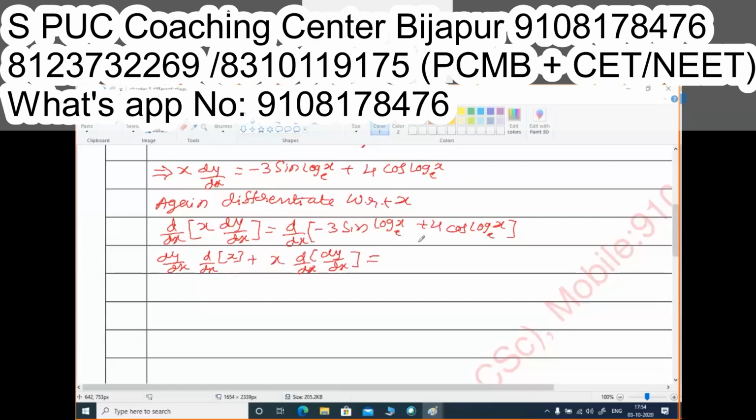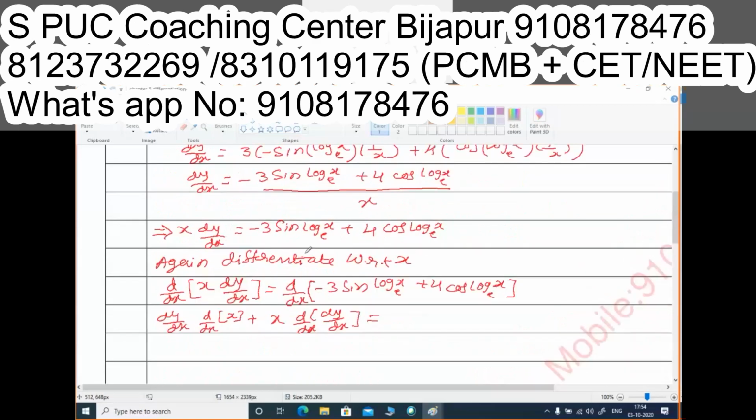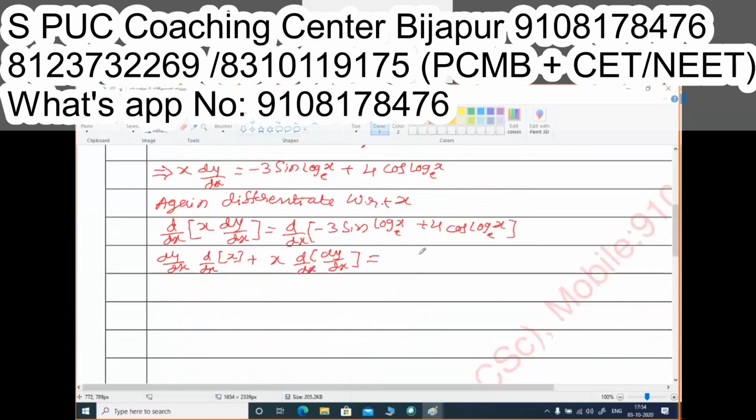Okay, on this side, differentiation, what is going to happen? You tell it to me accordingly, following the previous step. Minus 3, that constant you take in the bracket.